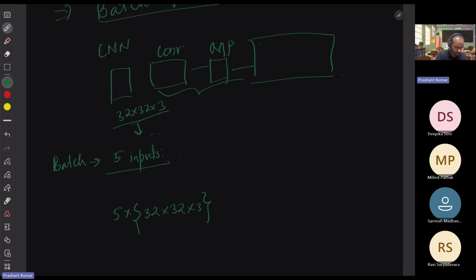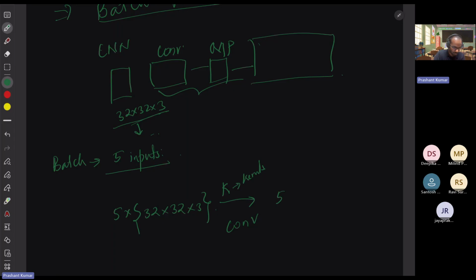And if I am using a convolution layer with k number of kernels, and I am assuming that after convolution the dimension of the features remains the same, then my output should be of dimension 32 cross 32 cross k. Correct?